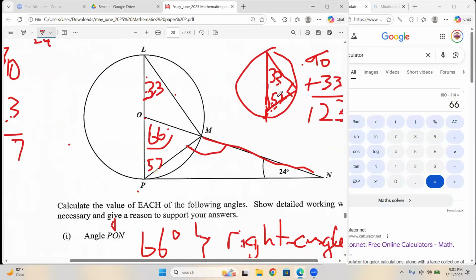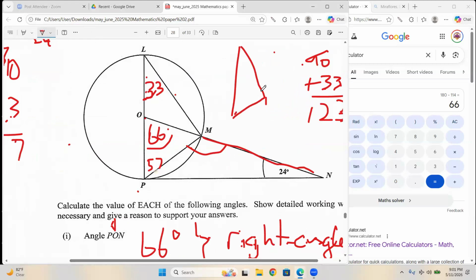So 57. If we go back to the diagram, I know it's looking a little messy, but we can clean this up a bit, or just look at the triangle. Okay, we have all the angles in this triangle.